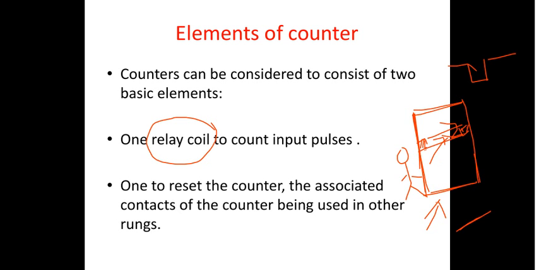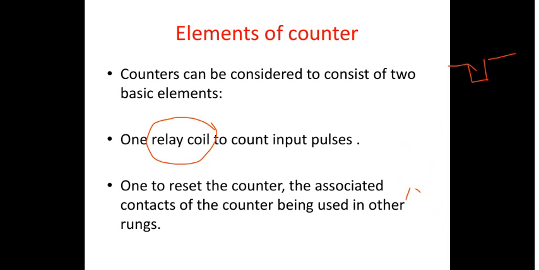The second one is to reset the counter. You can recall the operation of the timers, right? The timer gets activated by means of some input signal, say for 10 seconds. After the 10th second is over, the timer contacts would actuate some other output.